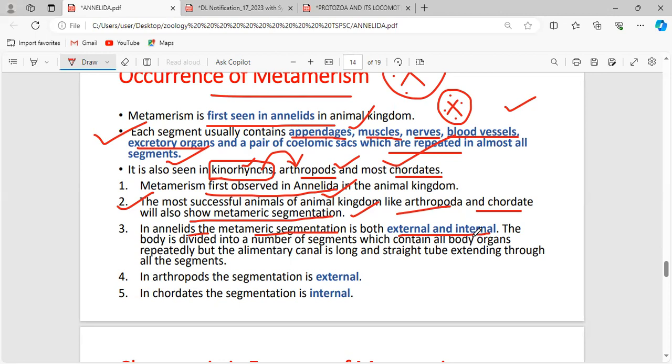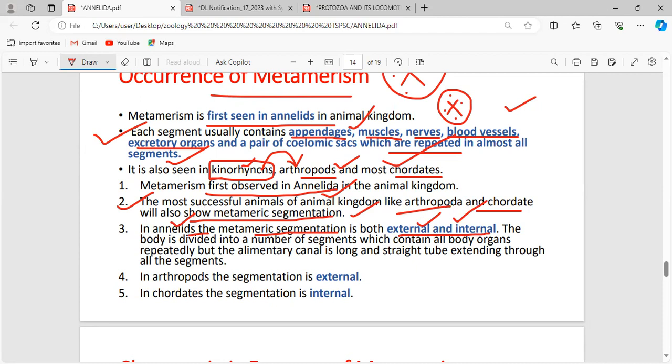See, what is the difference? In the case of metameric segmentation, the concept arises only from the phylum annelids. Okay, but this can also be seen in the phyla arthropods and the chordates as well. But what is the difference? In annelids, the metameric segmentation is both external and internal.